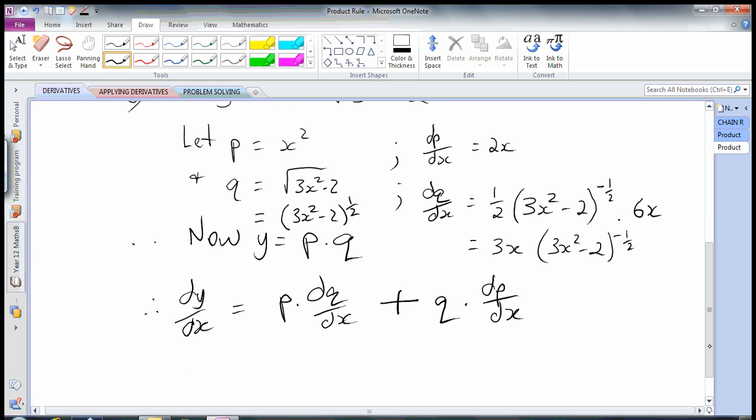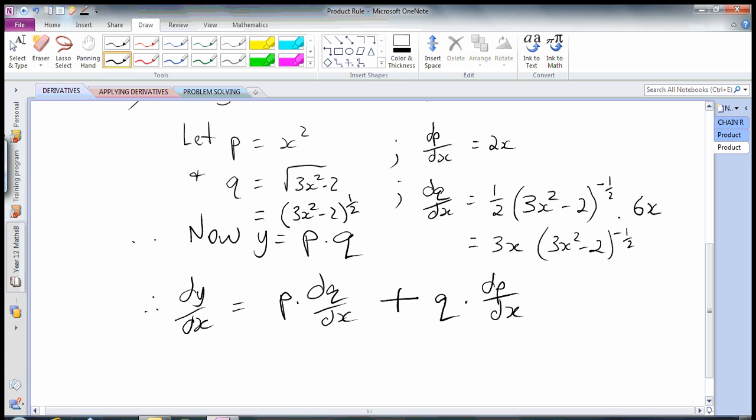So we've got our rule. Now if we've set our work out well, we should be able to pick up each component. So there's my p, there's my q, there's my dp dx, and there's my dq dx. So it's just a matter of picking up those components and popping them into the expression.